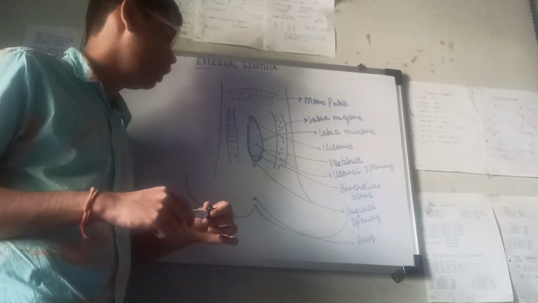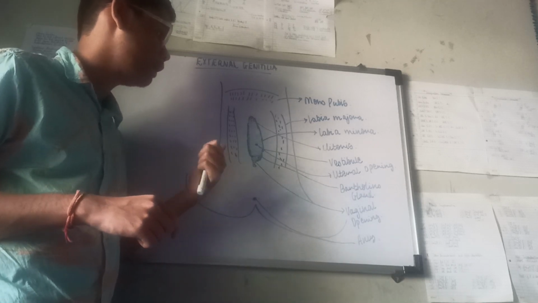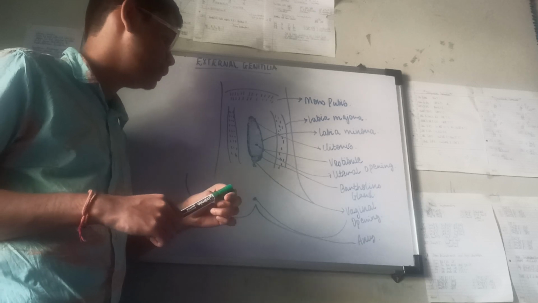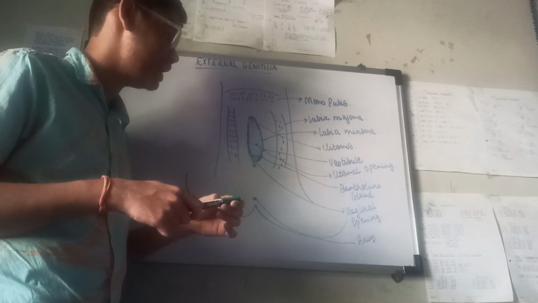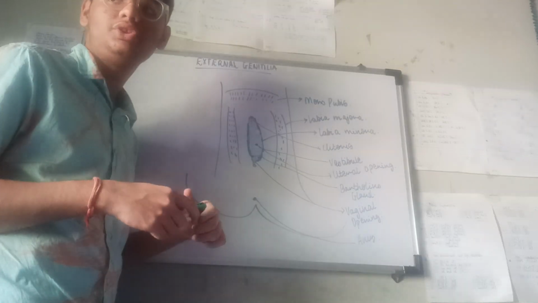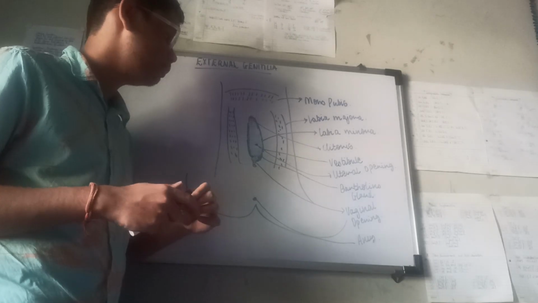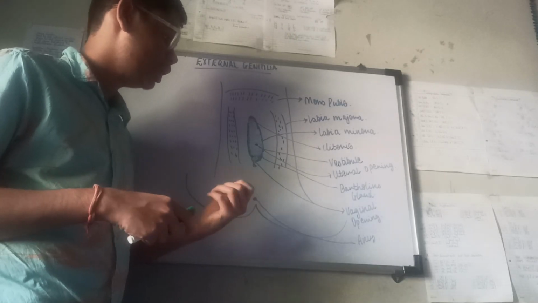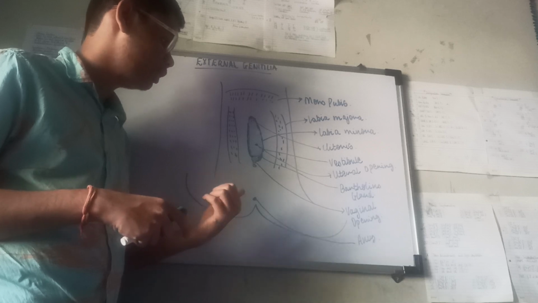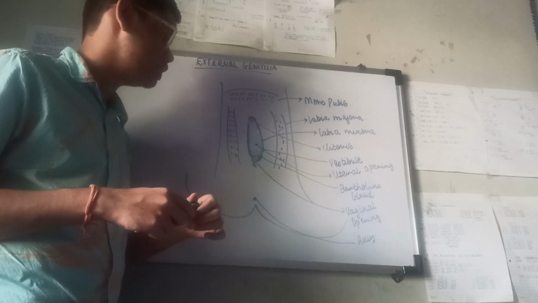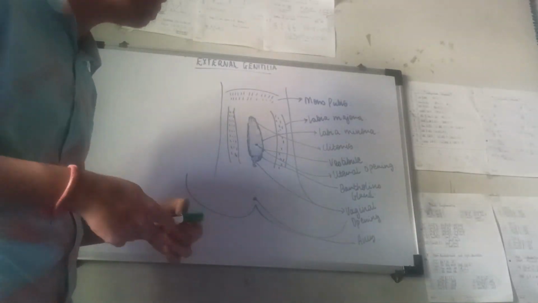And the urethral opening is above the vaginal opening, and just before the vaginal opening we can see two glands which are called Bartholin's gland, which help in providing lubrication. Vaginal opening is the visible part, and the last part is the anus. So this is the external genitalia of the female reproductive system.